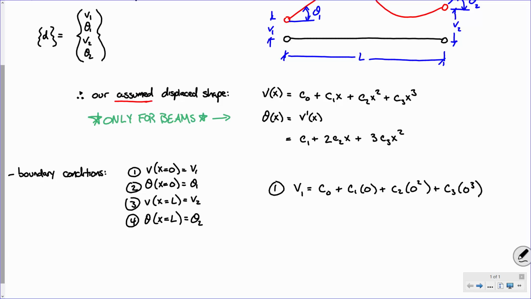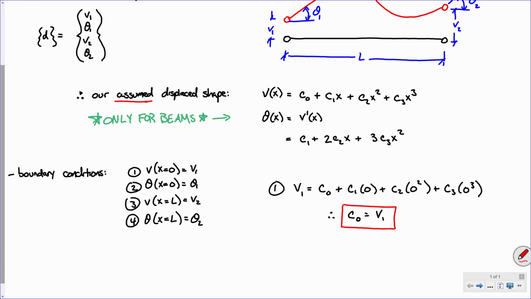Do you see what I did there? Have I solved for one of my unknown arbitrary constants? I know what C naught is. So, therefore, C naught equals V1. There's one of them, right? I'll box that one.